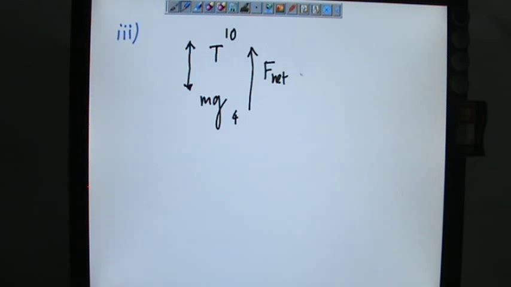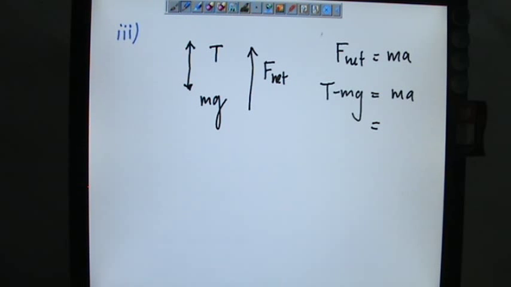So 10 minus 4, 6. Net force is 6. This is an example. So F net equals ma. So we have T minus mg equals ma.